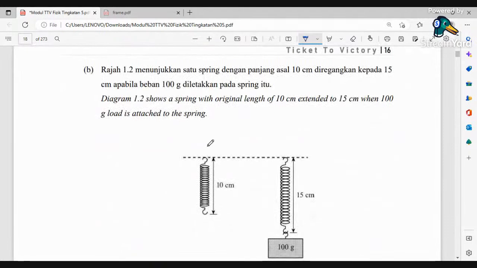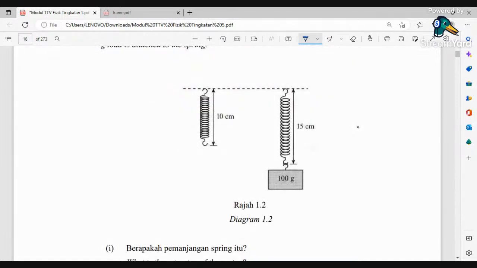Okay, part B. The diagram shows a spring with original length 10 cm extended to 15 cm when a 100 gram load is attached to it. So what is the extension? Extension equals 15 minus 10, which is 5 cm.